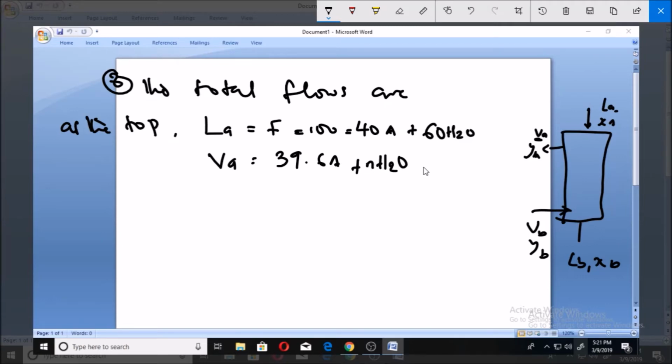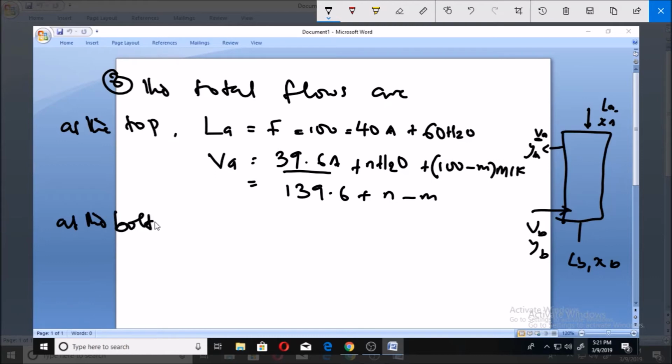You know, when we mentioned N, plus 100 minus M MIK is the material balance. If you break this thing down, you are going to have 139.6 plus N minus M. That is at the top.